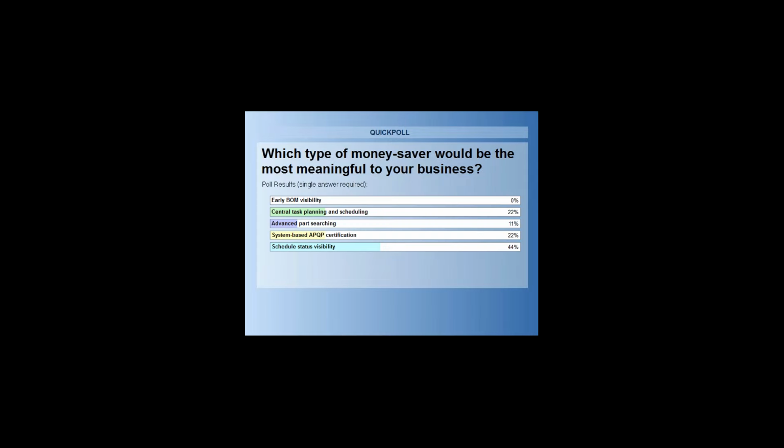Okay, Jonathan, we've got some results here. You may be able to see them on your screen, but the number 1 answer is scheduling status visibility, and then followed by central task planning and system-based APQP certification. So number 1 by about a 2-to-1 margin is scheduling status visibility. Very interesting.